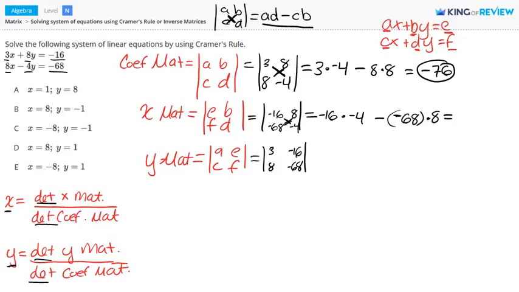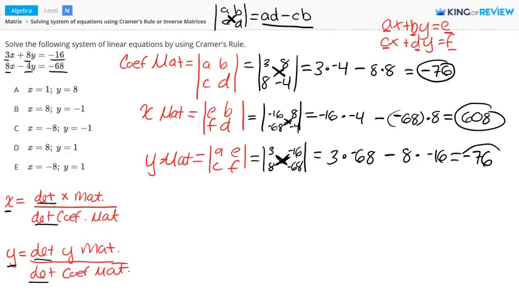And when you work this out, you get 608. And for the y matrix, we have the product of the entries in the main diagonal, so 3 times negative 68, minus the product of the entries in the other diagonal, 8 times negative 16. And when you work this out, you get negative 76.